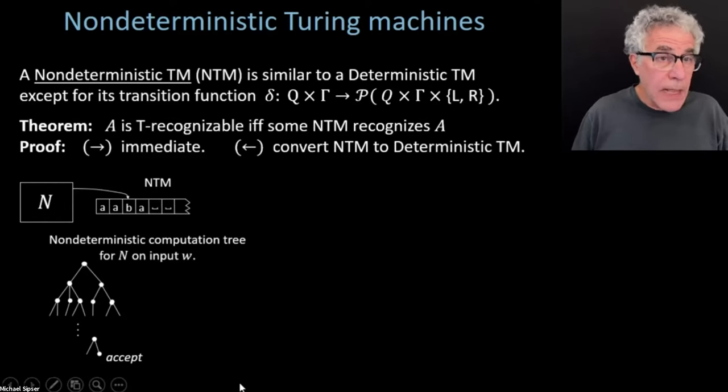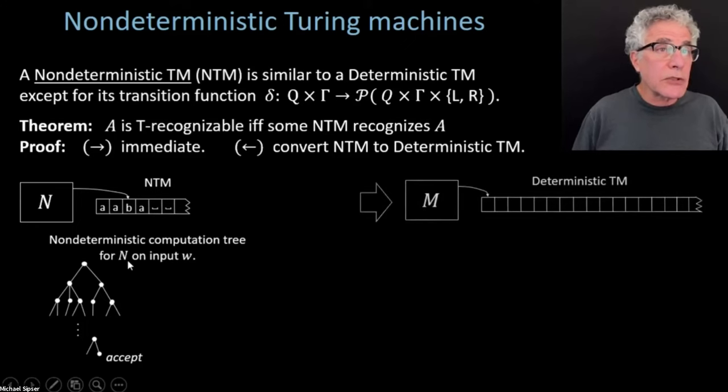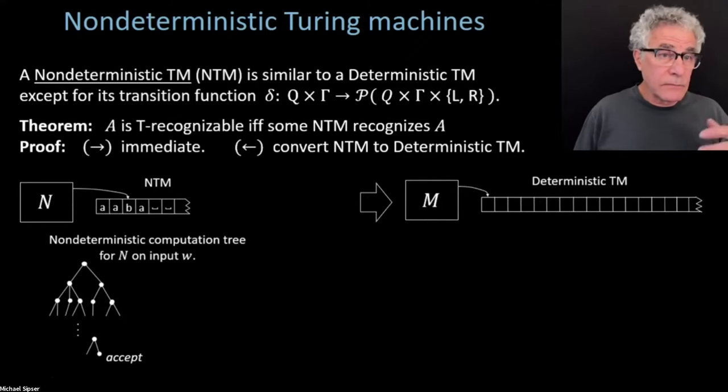And the only way it can be a non-accepting computation is if there is no accept that occurs anywhere. And somehow, if you're going to convert this non-deterministic machine to a deterministic machine, the deterministic machine is going to have to get that same effect, though it doesn't have the non-determinism. So how does it manage that?